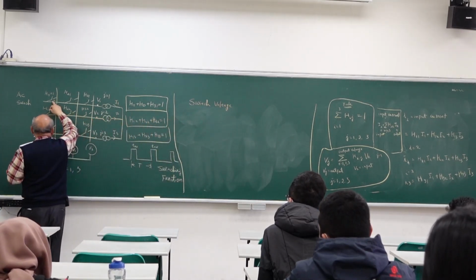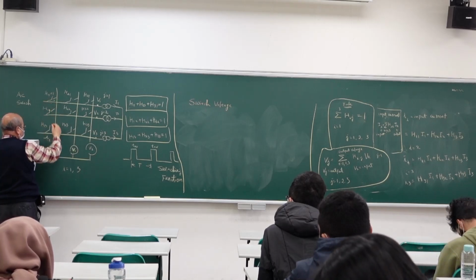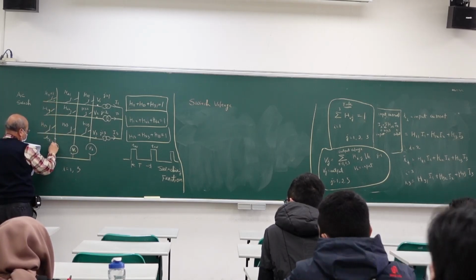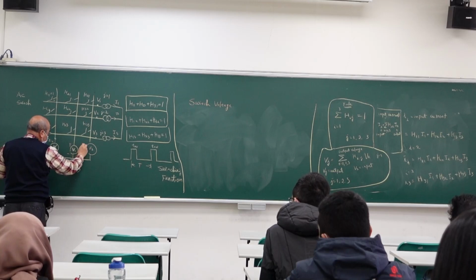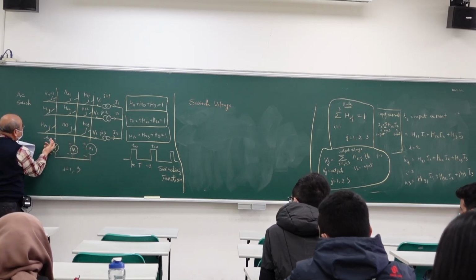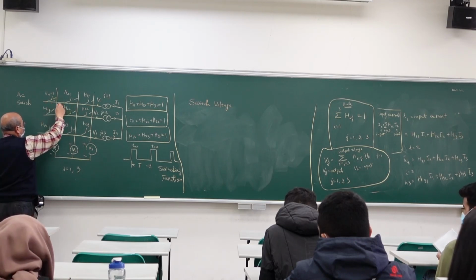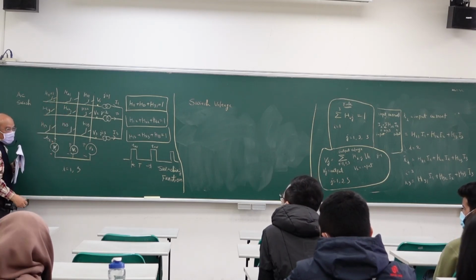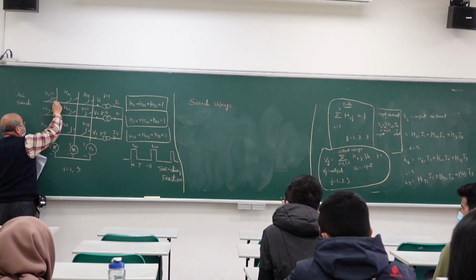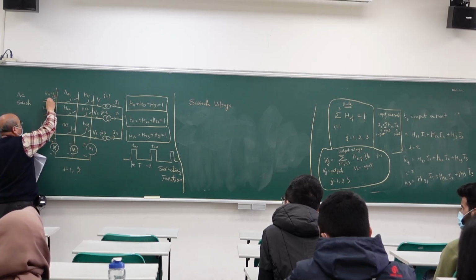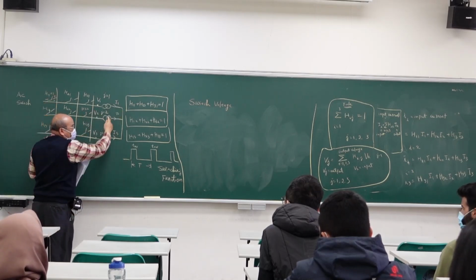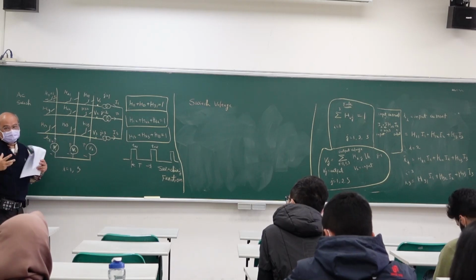So what is the switch voltage? This is the S11 switch. So here we have plus, minus, plus, minus, plus, minus. If you have a loop going here, what is the voltage across the switch? It should be plus here, minus here, and then go here, right? Because it is series.